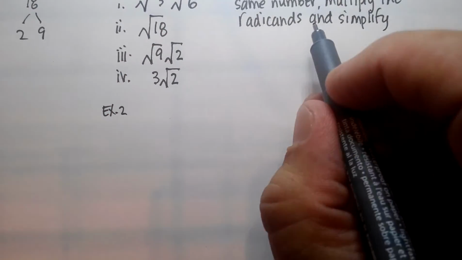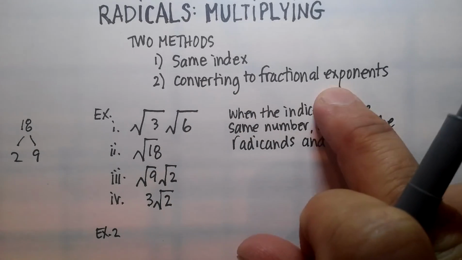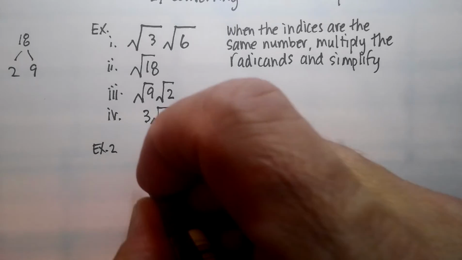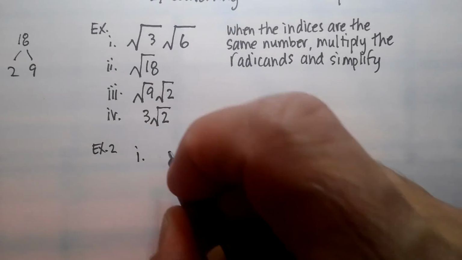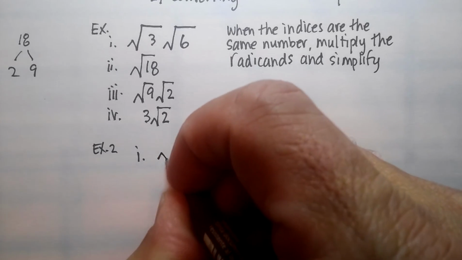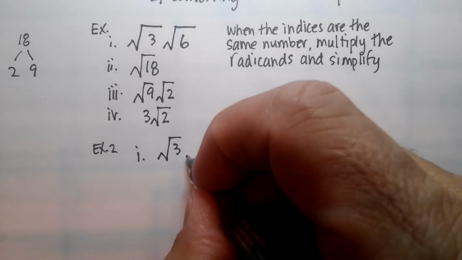And now we're going to use the method where we convert the numbers to fractional exponents. So let's take this as an example. Let's say we've got the square root. Well, actually, we can do this one as well. Let's take the square root of 3 times the square root of 6.